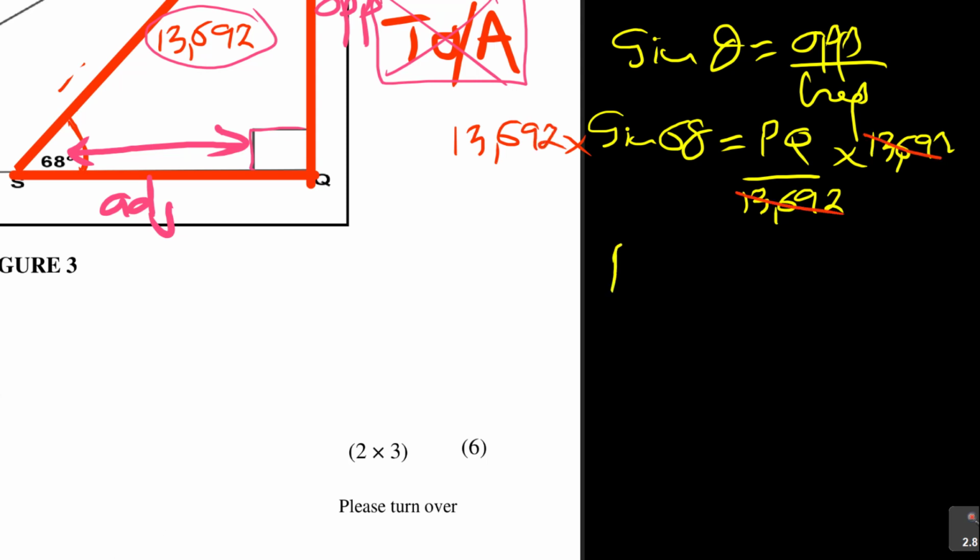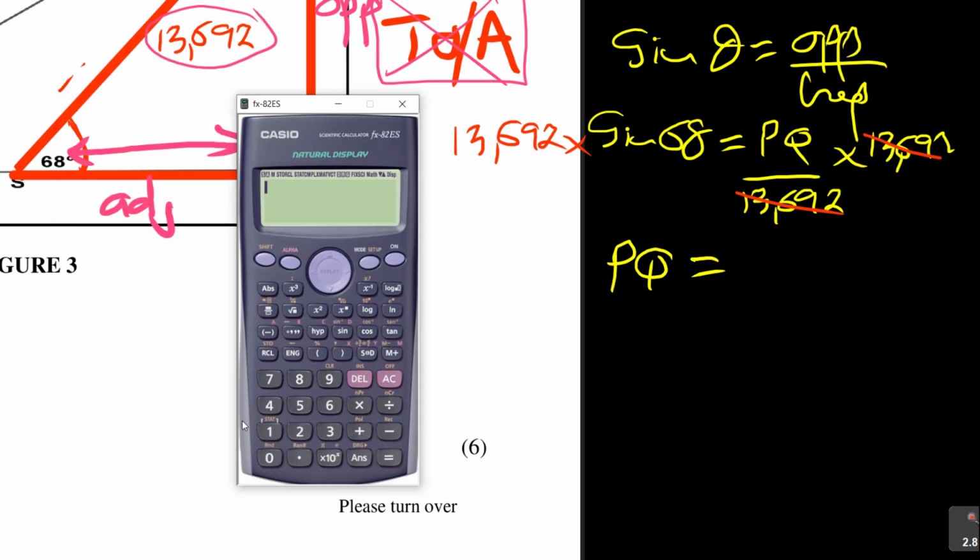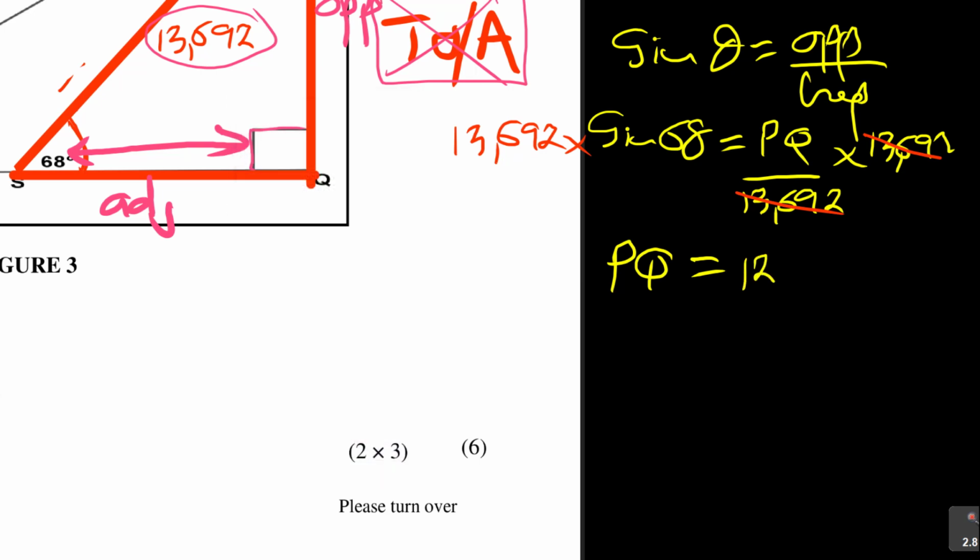Then multiply 13.692 times sine 68. That is 12.695. Again, it's in meters.